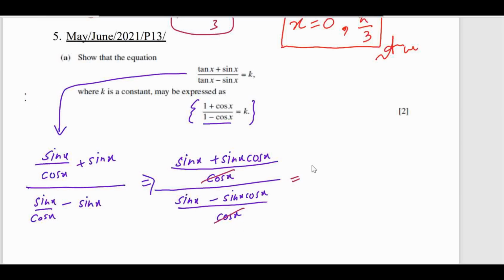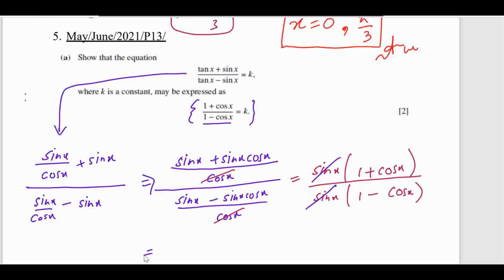So we can take sine x as common in the numerator, so this will be 1 plus cos of x, and in the denominator we can take sine x as common, so this will be 1 minus cos of x, and at the end we can cancel out these two.